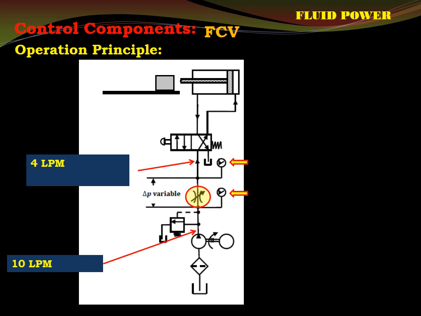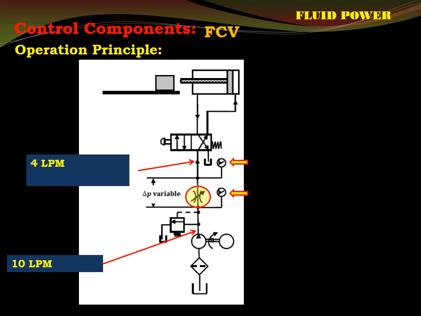Just assume. But the pump is supplying 10 liters per minute. So this excess 6 liters per minute, where will it be going? Because the pump will be continuously supplying, but the FCV restriction is such that it can allow only 4 liters per minute.